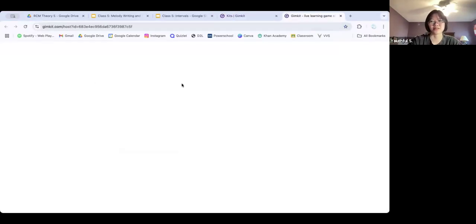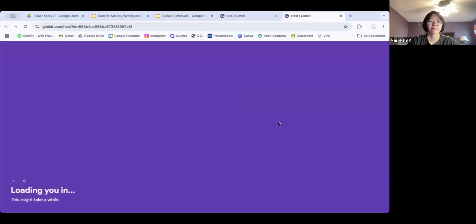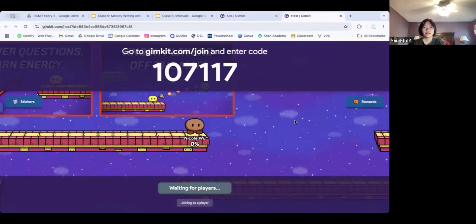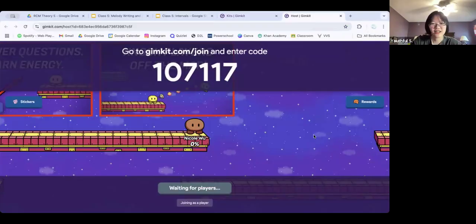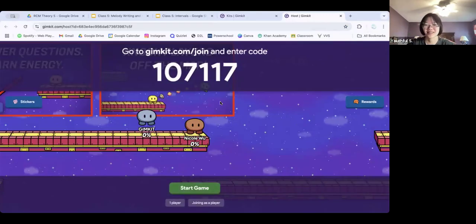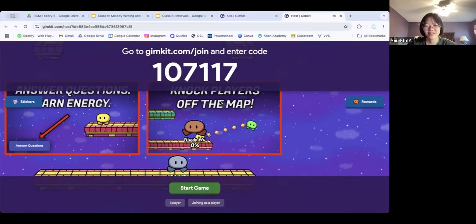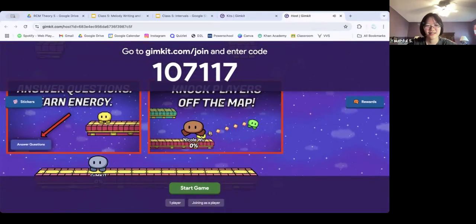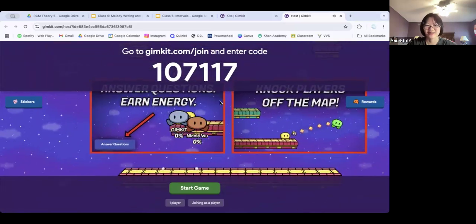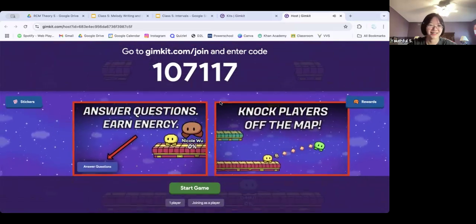I have so many things on my screen. Yes, yes, yes. The interesting thing about Gimkit is I also get to play, which is so funny. I get to play in my own generated class, y'all.